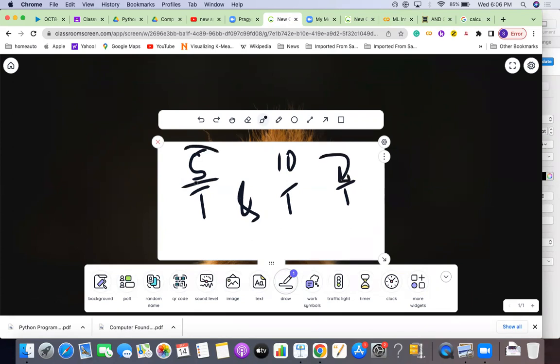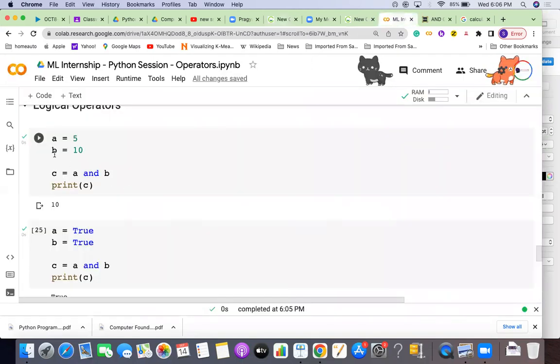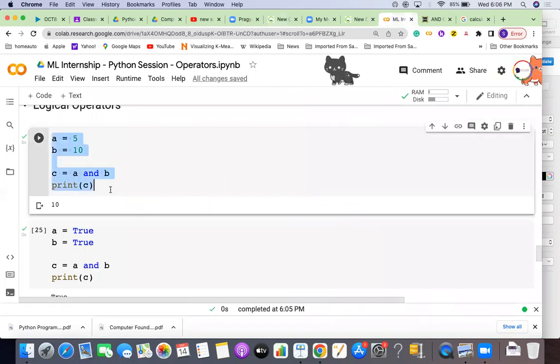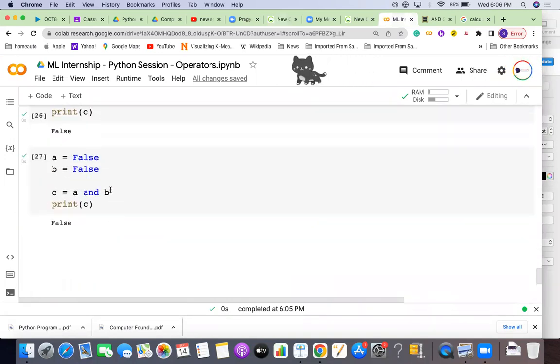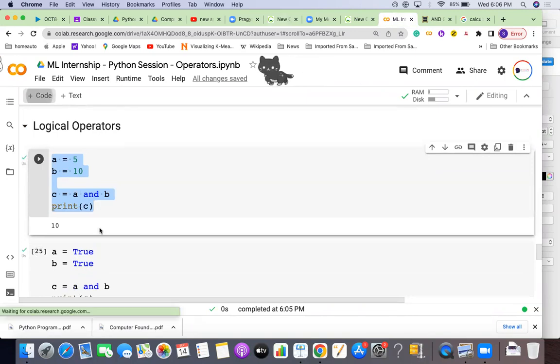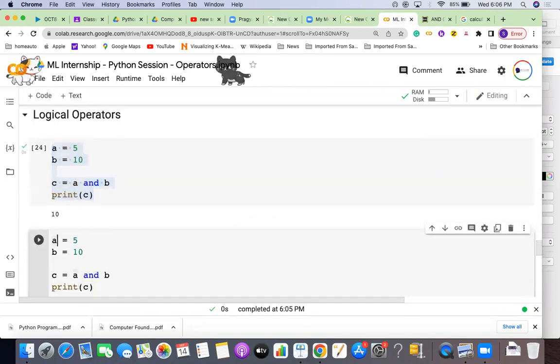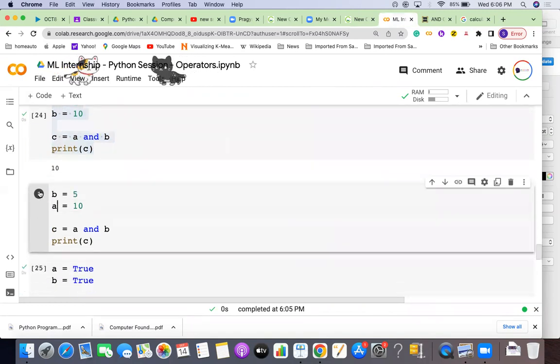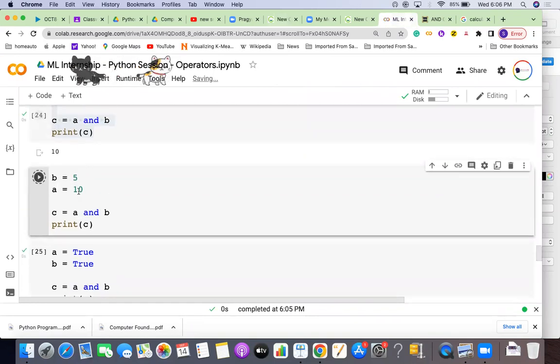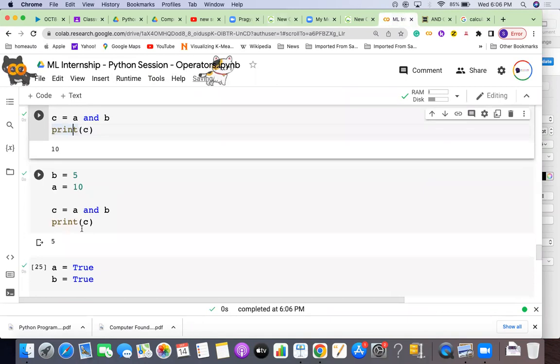So shall I take this or this? Let me try the other way around also. If I reverse it, this I make B, this I make A, and execute, see what you are getting.